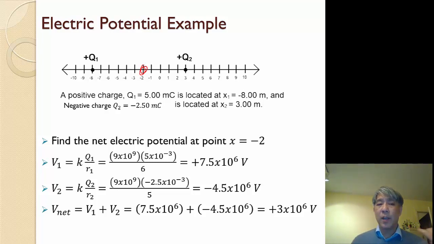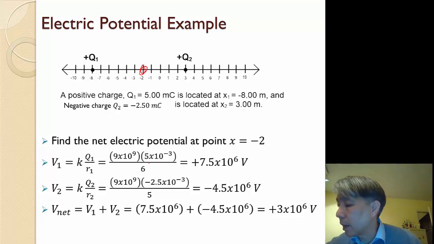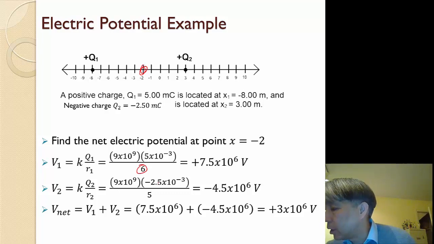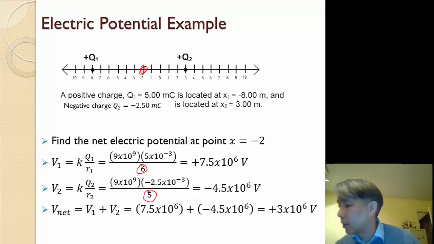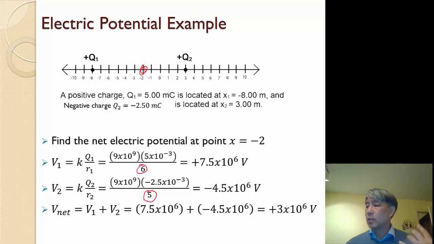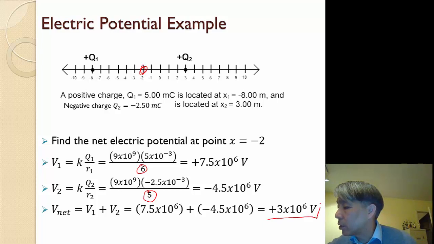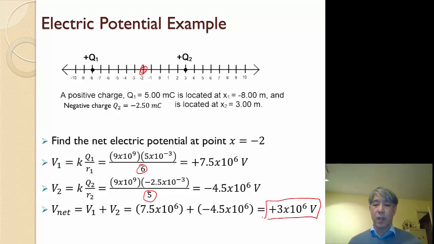So I calculate the voltage from each one of the charges, paying attention to the distance. Minus 8 to minus 2 is a difference of 6 meters, and 3 to minus 2 is a difference of 5 meters. I just plug my charges in and do the math, and I find that my net potential there is 3 times 10 to the 6 volts.